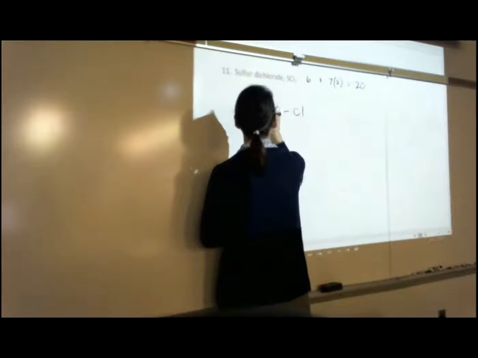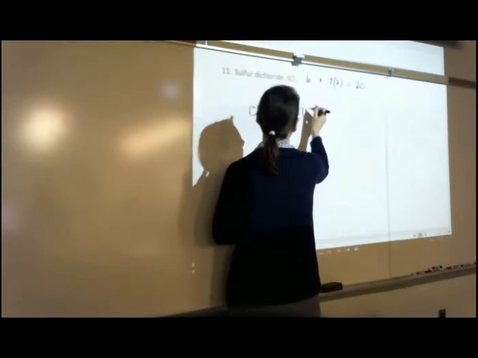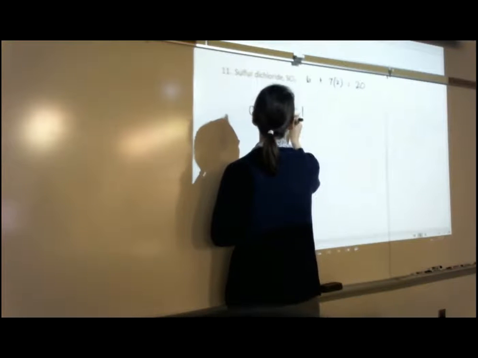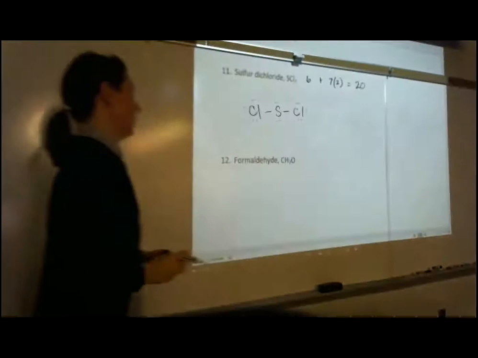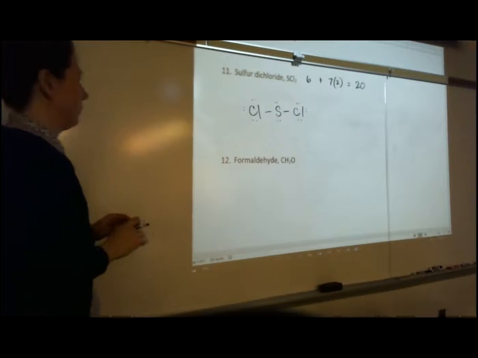Cl, Cl, 2, 4, 6, 8, 10, 12, 14, 16, 18, 20. Is there any arranging that needs to take place here to give octets, or are we good to go? We're done. That's all we have to worry about here, right? Everybody's already got an octet, so there's nothing fancy to do.